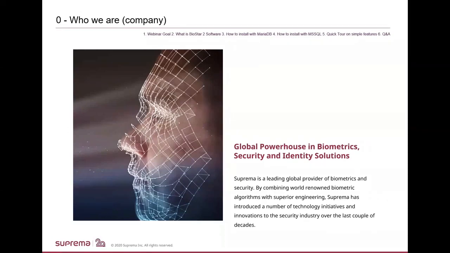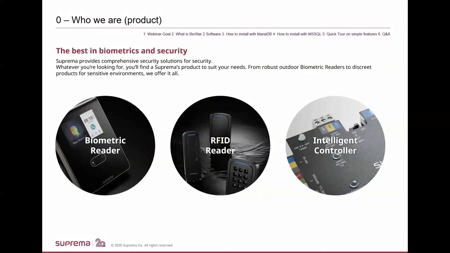And we provide products for everyone on security, on identity solution, also for mobile. As you can see, we have different types of readers in our company for biometrics, so fingerprint and face. We already have RFID readers also, and door controllers.